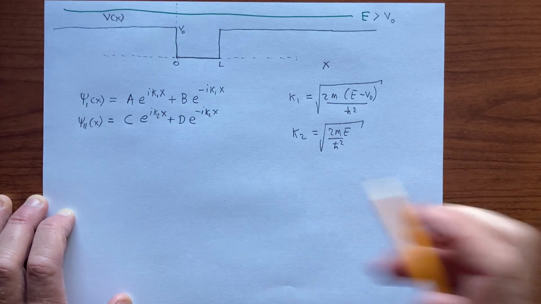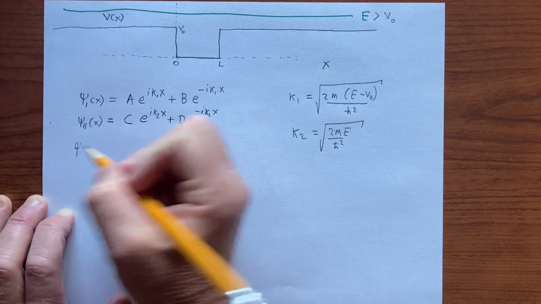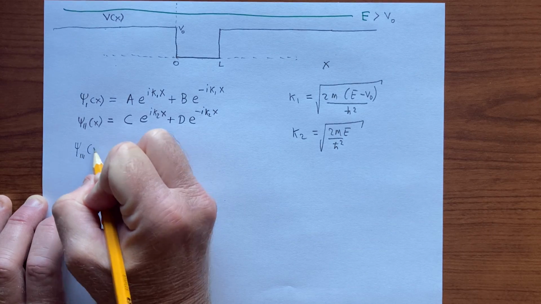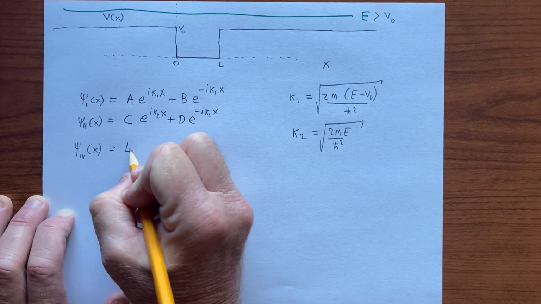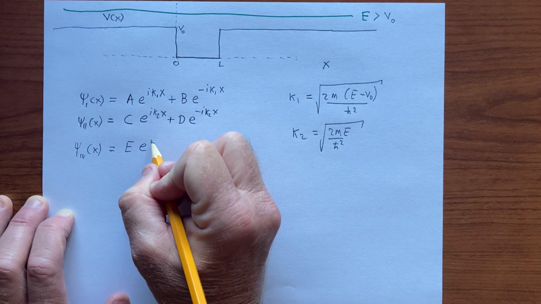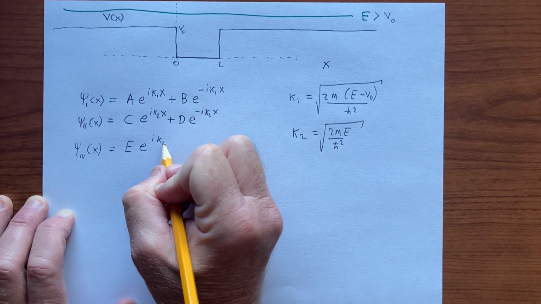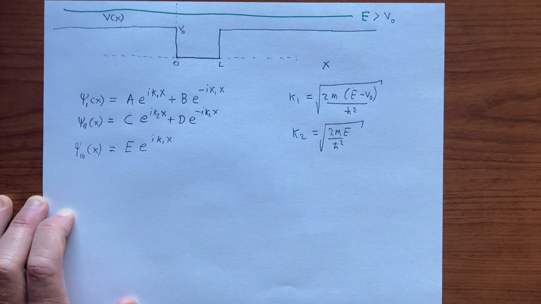And in region 3, we have coefficient e to the i k1x again.